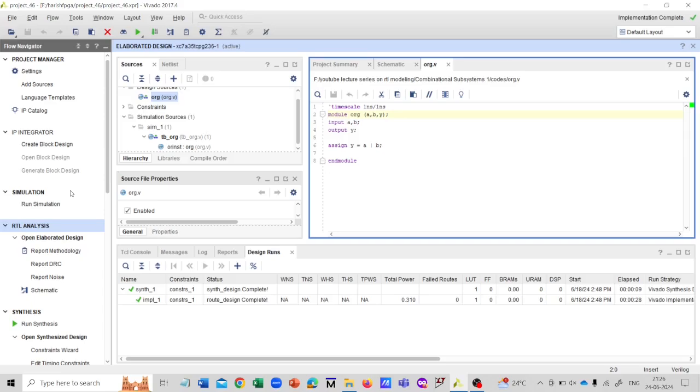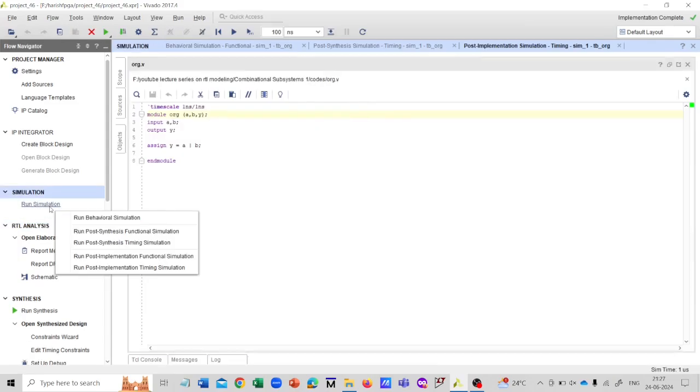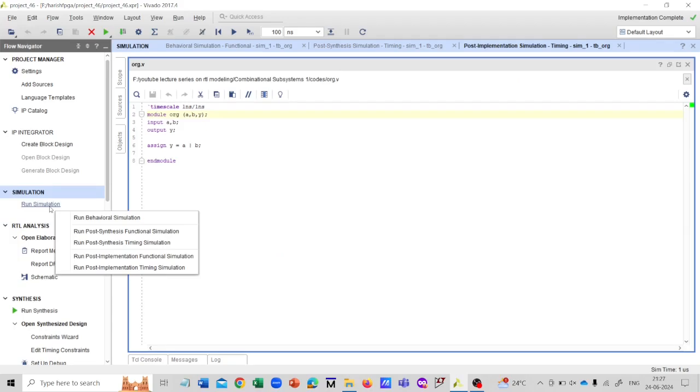We have now synthesized this model, which is a simple OR gate targeted at the FPGA platform. Now, in order to illustrate the effect of timing, we will first simulate this particular netlist, the OR gate, using behavioral simulation.